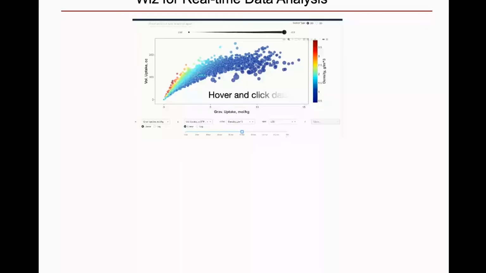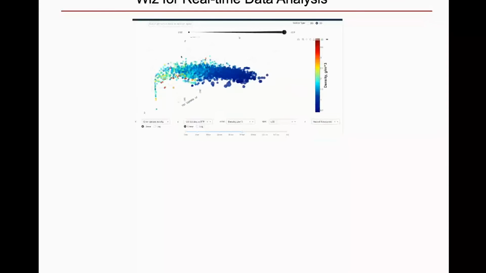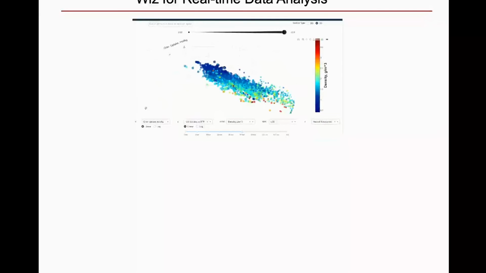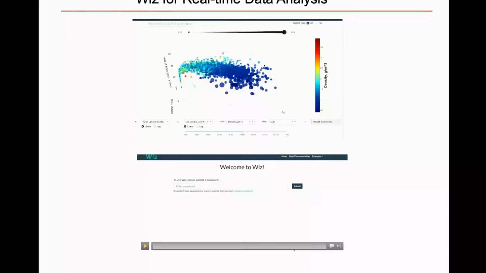I think for the oxygen work, over 1,000 unique structure property plots could be generated according to the user's interest for different pressures. We are also developing, let me see if I can play this as well.